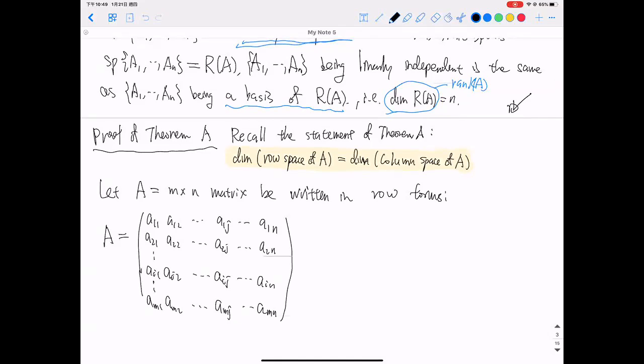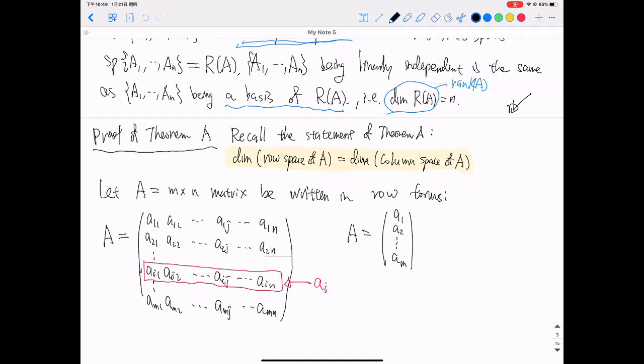Suppose we write our matrix A in this form, then this is the ith row. Let's denote the ith row by Ai. Okay. So in row form, A is the stack of these rows, A1 through AM.